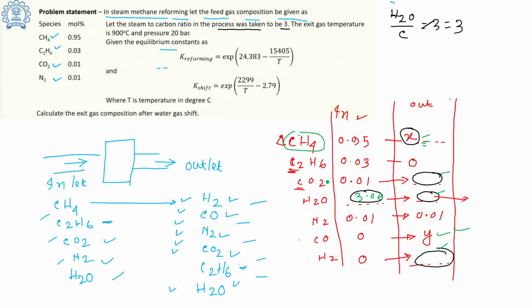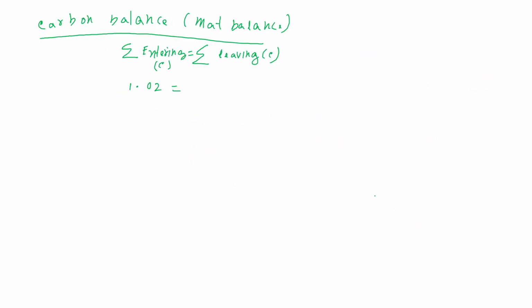So the only carbon present is in carbon monoxide, carbon dioxide, and this one and this one. So we have to make x plus the carbon present in the carbon dioxide plus y. Just complete the equation.